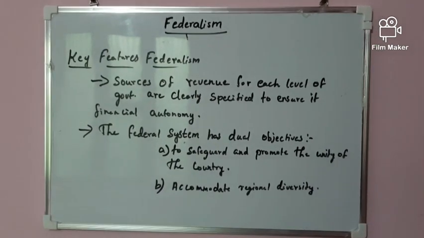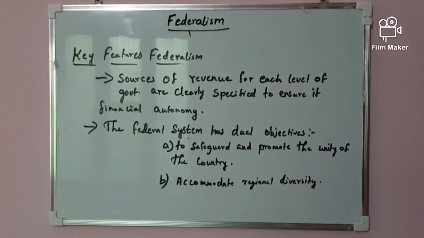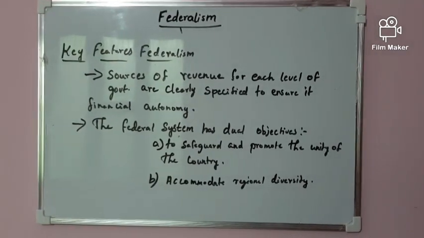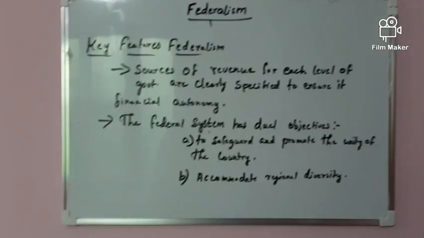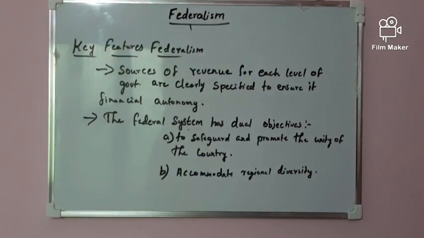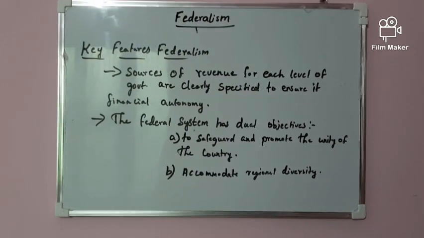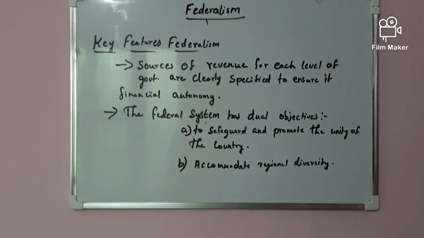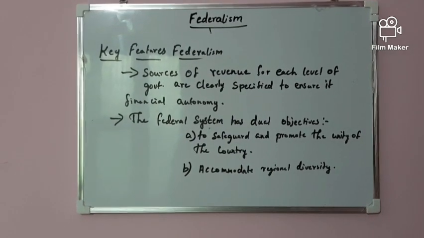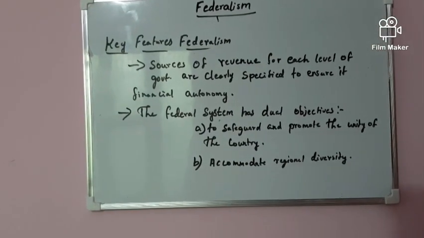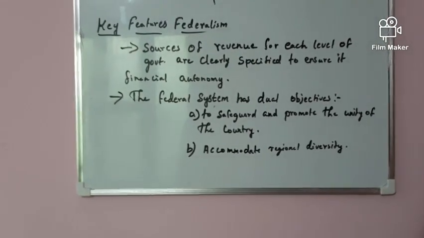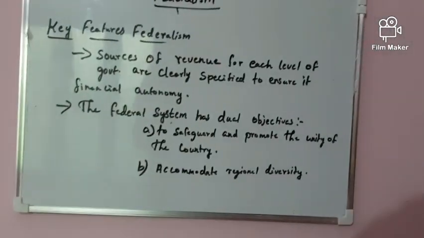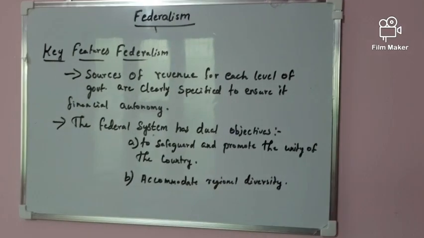Once again, I repeat from the first. There are two or more levels of government. The next one is that different tiers of government govern the same citizens, but each tier has its own jurisdiction. That is, as I told you, they have their own decisions, and they have the right to take decisions based upon legislation, taxation and administration.